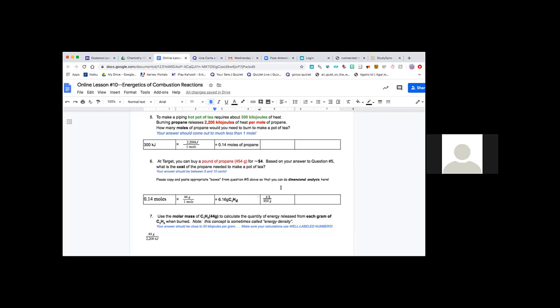All right, so then you see what's going to happen in that next conversion factor there? Yeah, 4 divided by 454. Yes. I got 0.054.